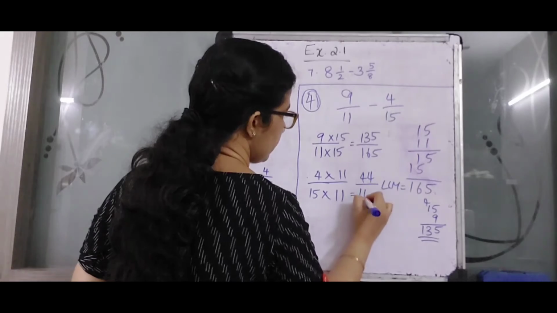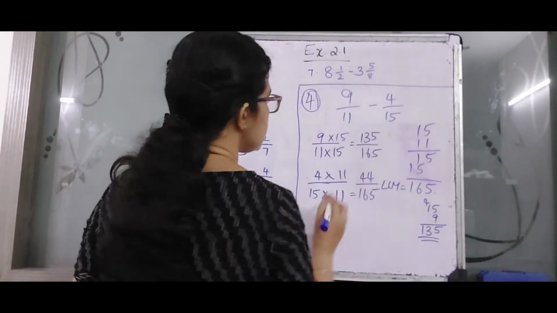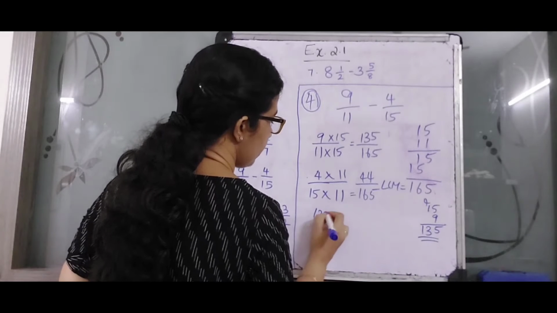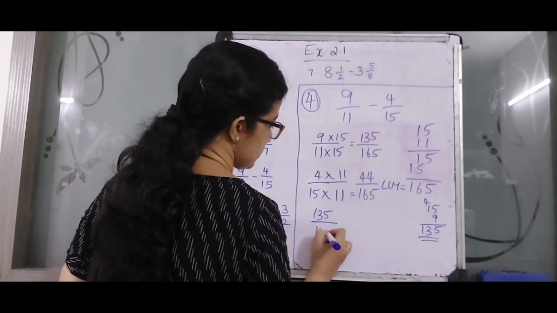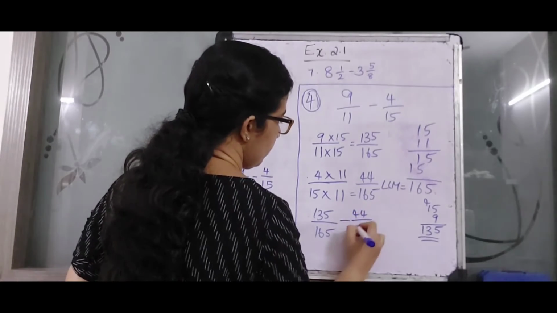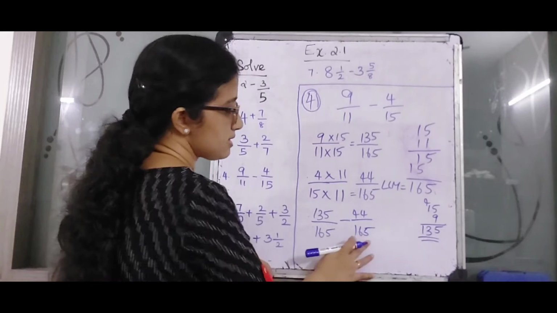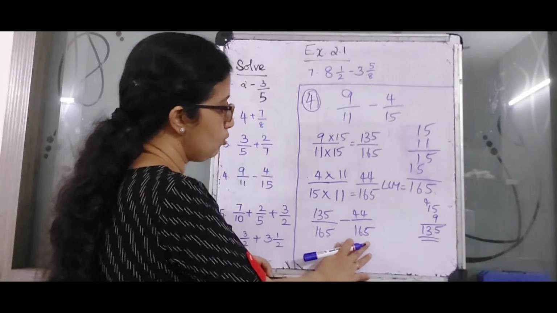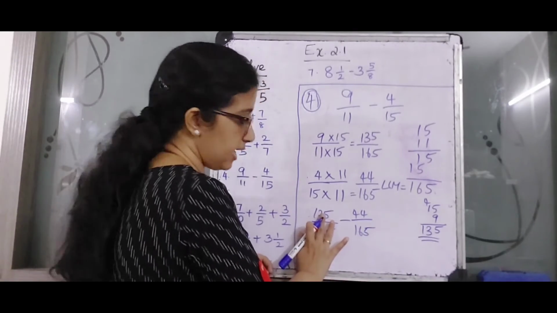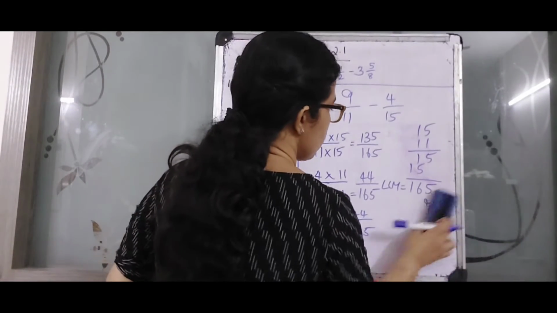So 44 by 165. Now how can we rewrite this? 135 by 165 minus 44 by 165. Now the denominators are the same. So what should you do? You should just directly subtract 135 minus 44. So what will you get?